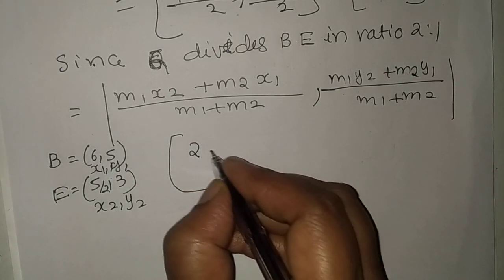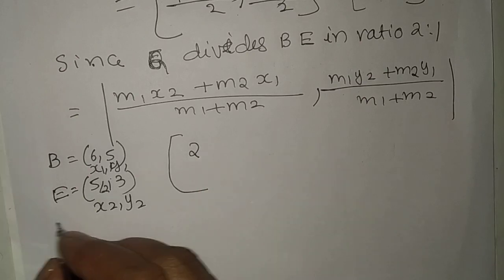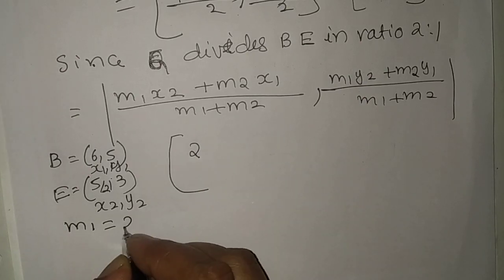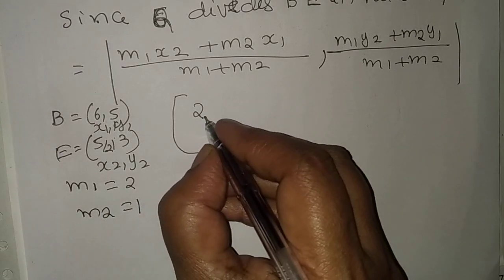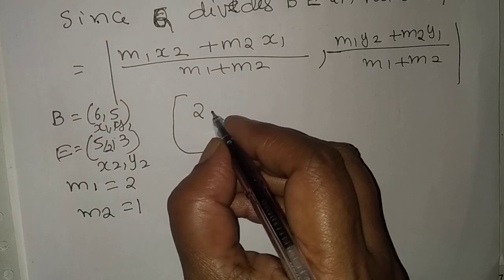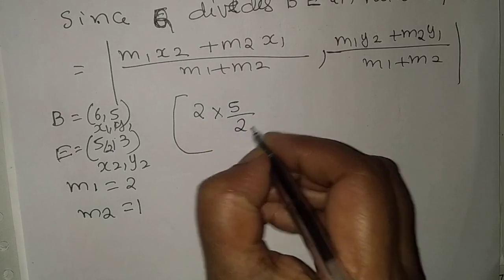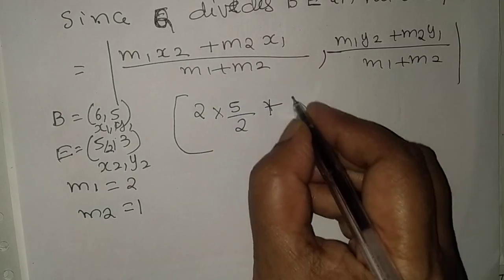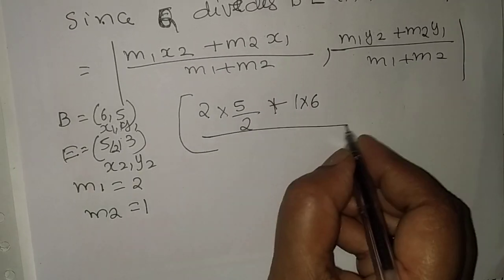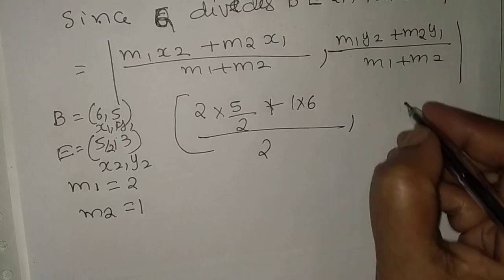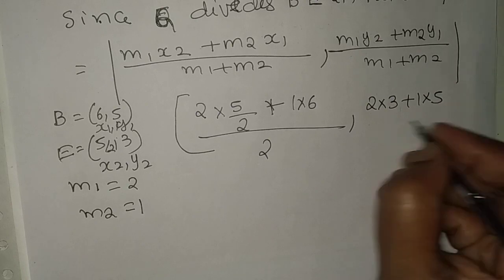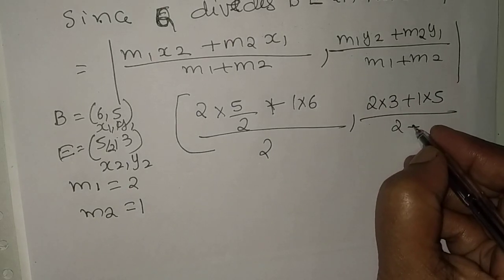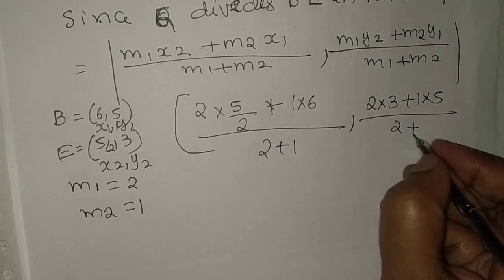M1 is 2 and M2 is given as 1. So 2 into 5 by 2 plus 1 into 6, then 2 into 3 plus 1 into 4, over 2 plus 1, 2 plus 1.